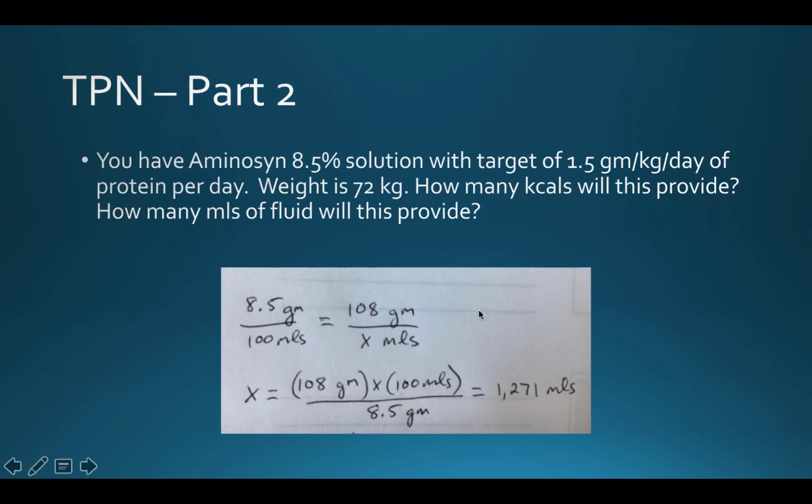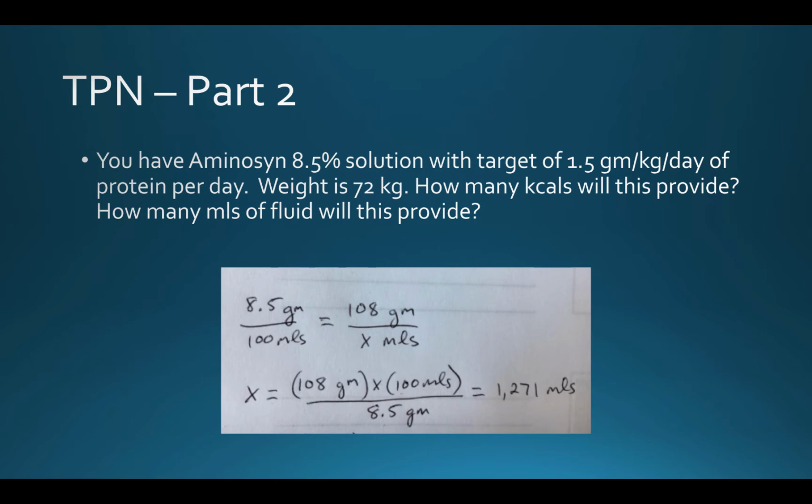Okay, so just a good example here of a TPN calculation and some of the different factors you need to recognize that go into this. Now again, I will say, remember what they're asking you to round to. If they're asking you to round to the nearest 1,000, if they're asking you to round to the nearest 100, so in this example, it'd be 1,300 mils approximately, which is a good approximation.